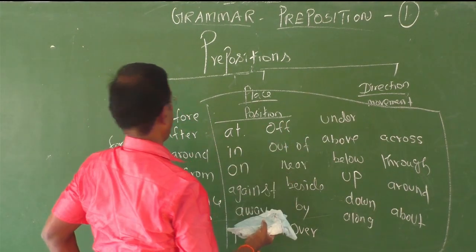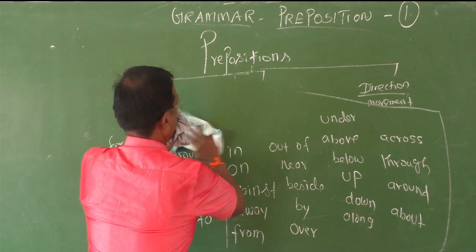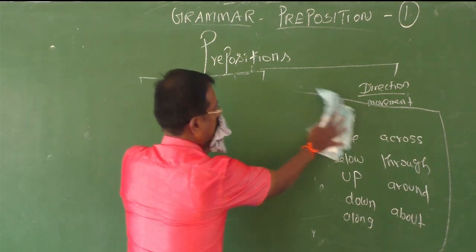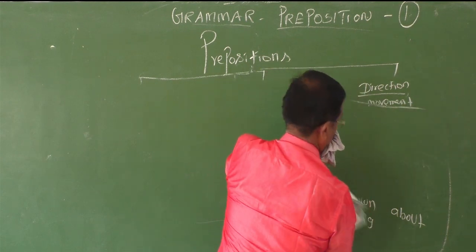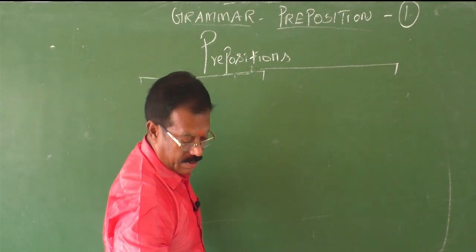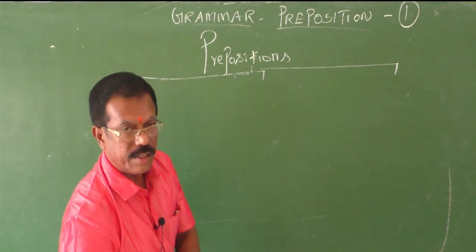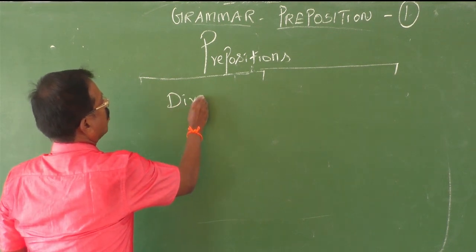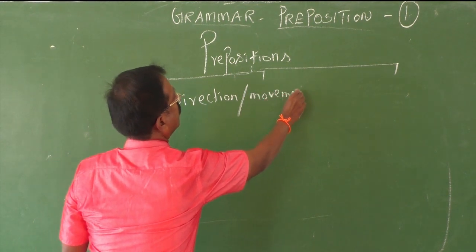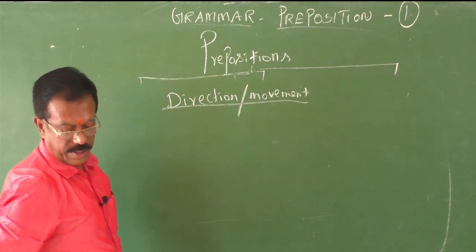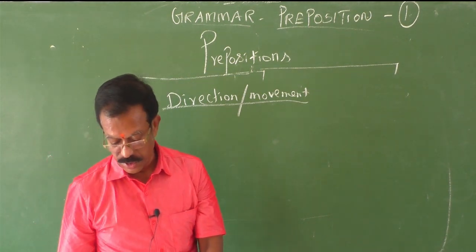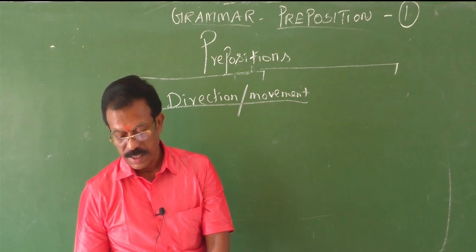Then the third type, direction. Prepositions showing direction and movement. What are the prepositions used to refer to directions and movement?